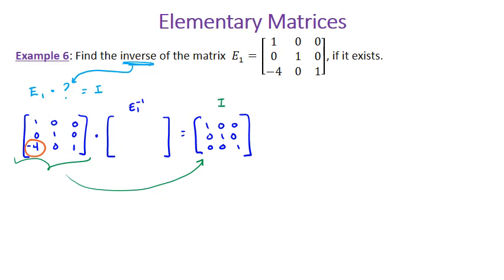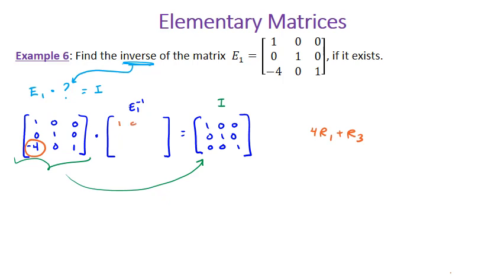Well, from the previous example, remember, if I take 4 times row 1 and add that to row 3, that's the additive inverse, and get my new row 3, then I'm good to go.